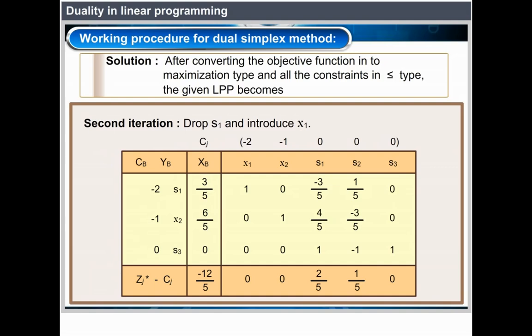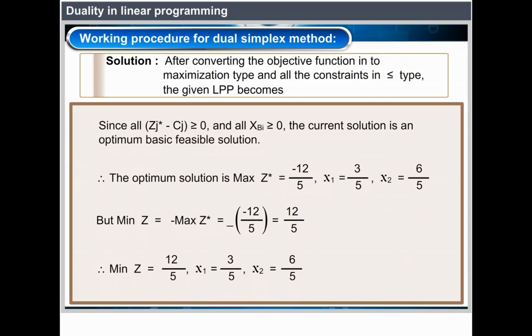Then the Zj star minus Ej row: minus 12 by 5 for xb, 0 for x1, 0 for x2, 2 by 5 for s1, 1 by 5 for s2, 0 for s3. Then the cj row: minus 2 for x1, minus 1 for x2, 0 for s1, 0 for s2, 0 for s3. Since all Zj star minus Cj greater than or equal to 0 and xbi greater than or equal to 0, the current solution is an optimum basic feasible solution.